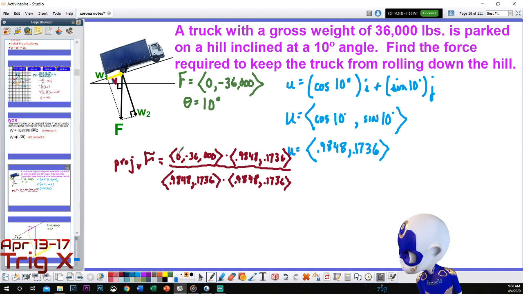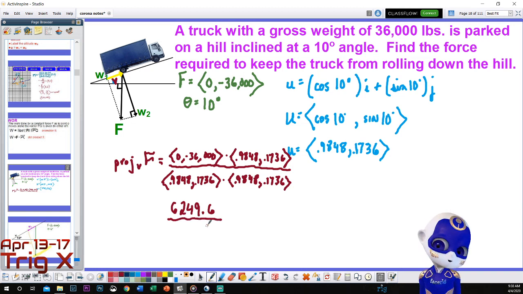So on my calculator, I'm going to type 0 times whatever, I know that's going to be 0, negative 36,000 times that junk, and that's going to give me 6249.6. Now on the bottom, some of you may be thinking, wait a minute, I think I know the answer to the bottom. It just makes sense. And if you're thinking that, great job. If not, that's okay, let's figure it out.